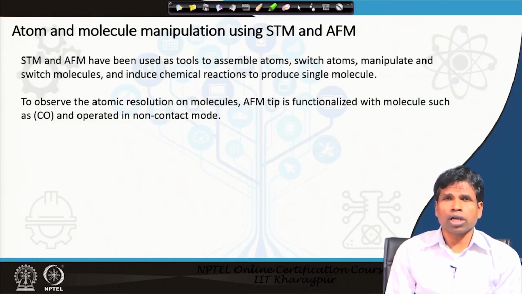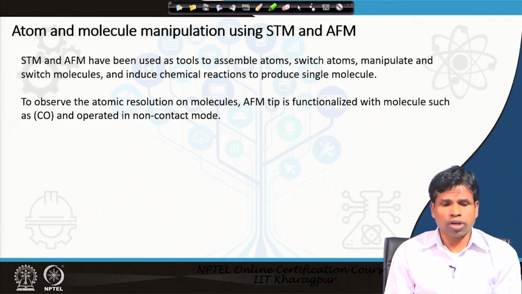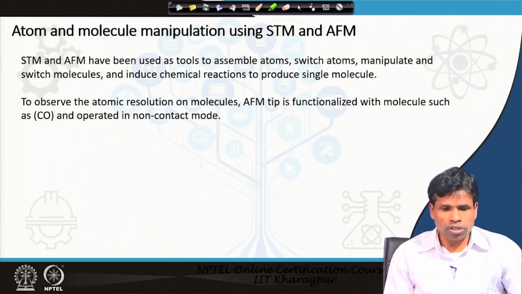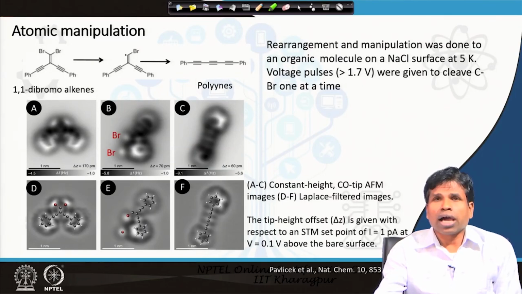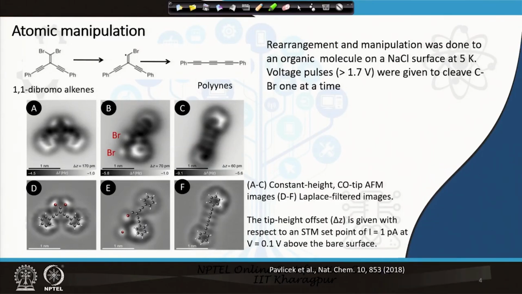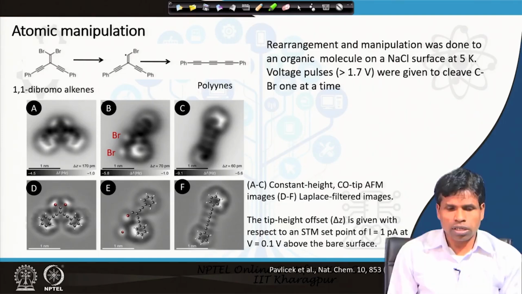This type of atomic manipulation is done with AFM either with a functionalized tip or a very sharp tip. Let us see one example where a carbon monoxide functionalized tip was used to manipulate the surface, or particularly chemicals, to do a particular reaction.